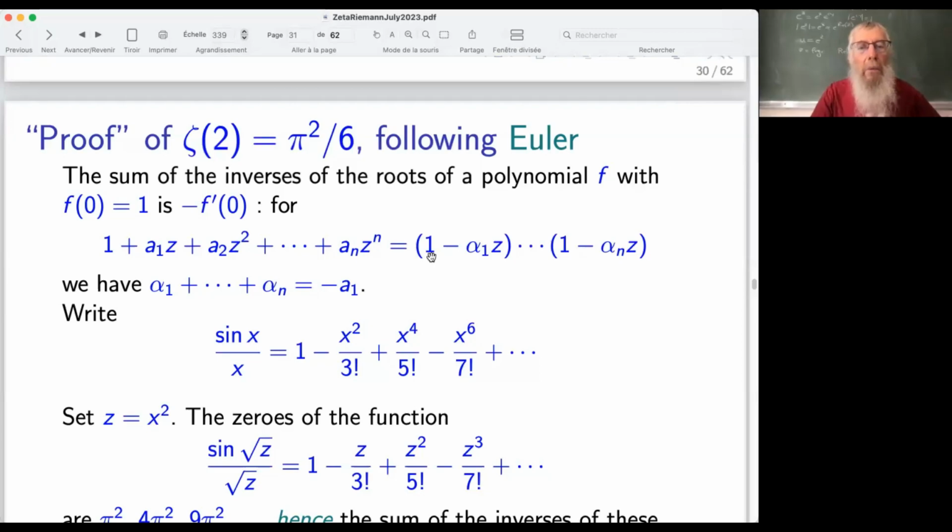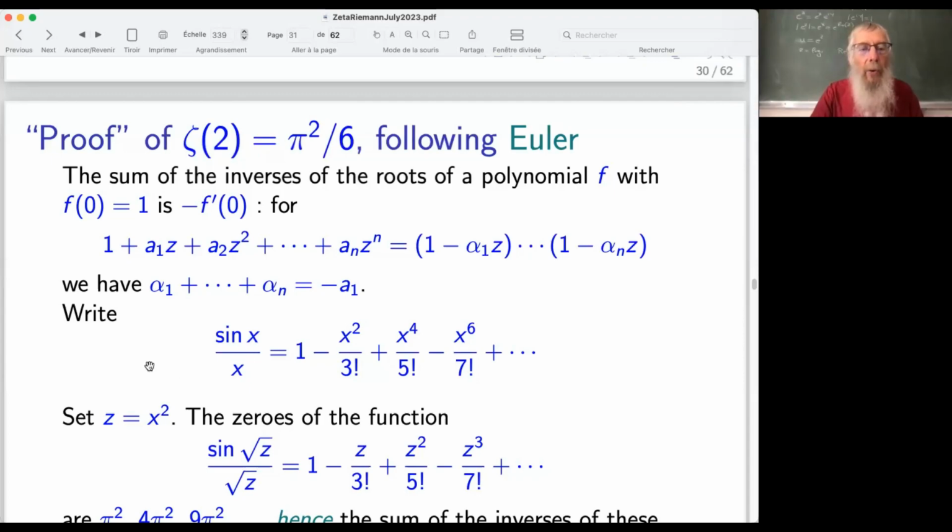You look at the complex roots, and if the complex roots are alpha 1 to alpha n, this polynomial factors as (1 minus alpha 1 z) times up to (1 minus alpha n z). And you look at the coefficient a1. The coefficient a1 is just minus the sum of the roots. It's the coefficient of z, so it's minus alpha 1, minus alpha 2, minus alpha n. So alpha 1 plus up to alpha n is minus a1.